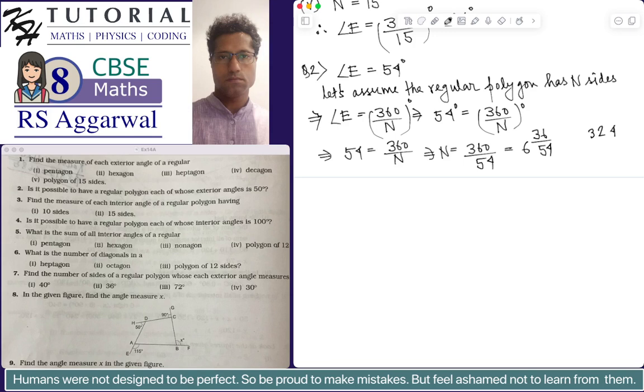So n is coming out to be 360 by 54, which is a mixed fraction, not a whole number. n has to be a whole number greater than or equal to 3, since n represents the number of sides of a polygon.